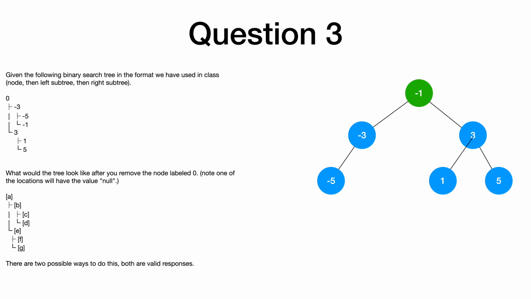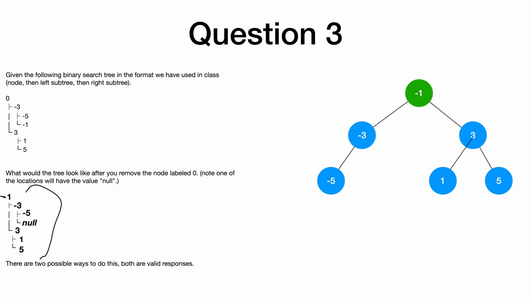A is negative 1, B is negative 3, C is negative 5, D is null, E is 3 still, F remains at 1, and G remains at 5. Right? So this was the right answer if you follow the book's method.